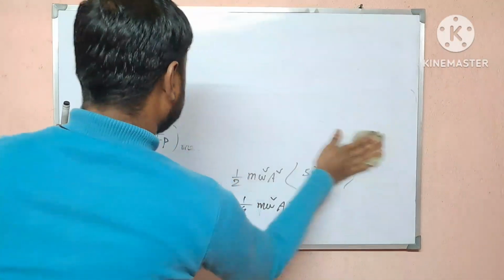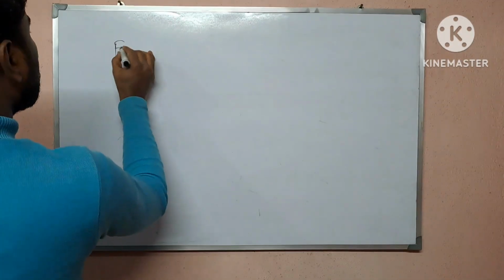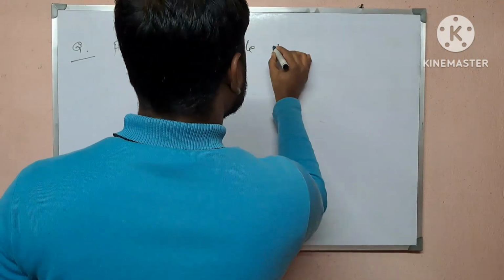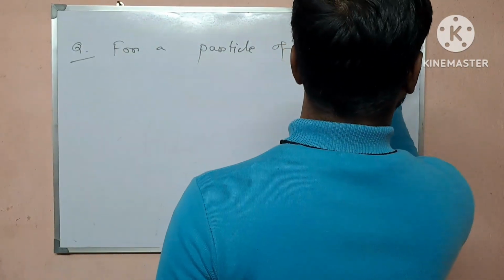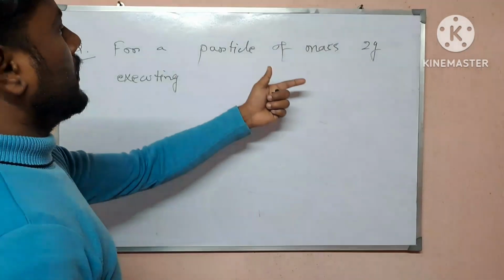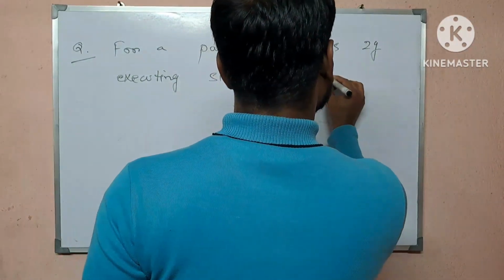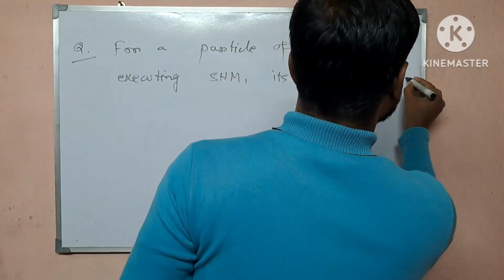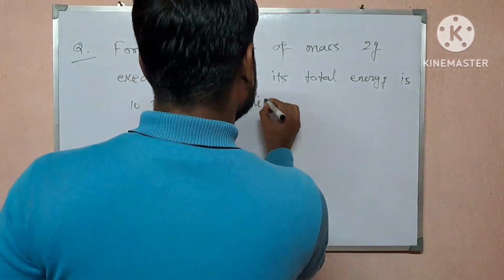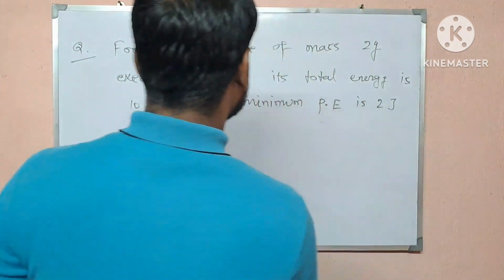So the numerical is, just write the question: for a particle of mass 2 gram executing SHM, simple harmonic motion, its total energy is 10 joule and minimum potential energy is 2 joule.